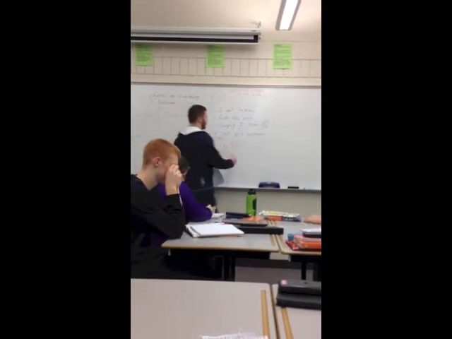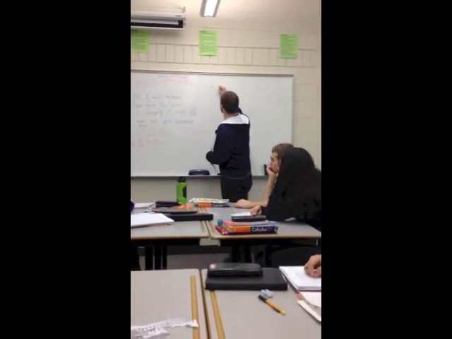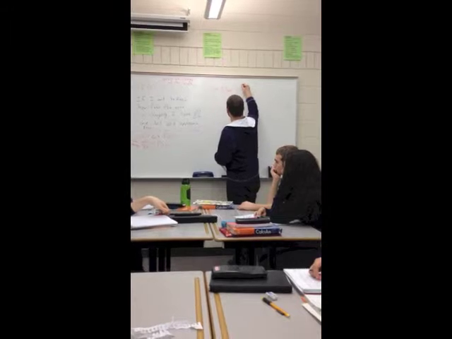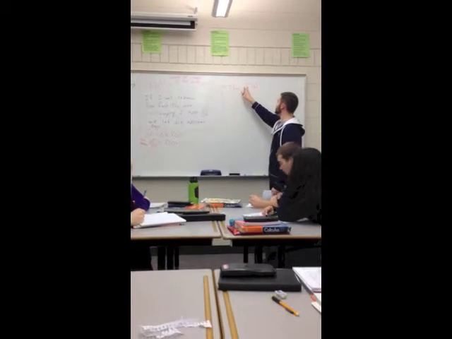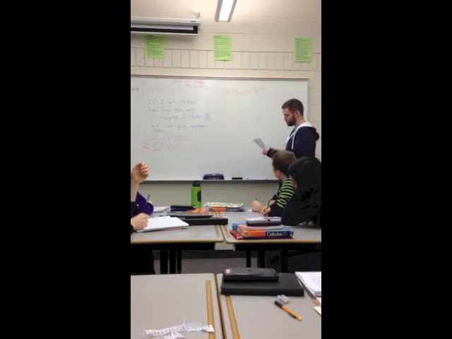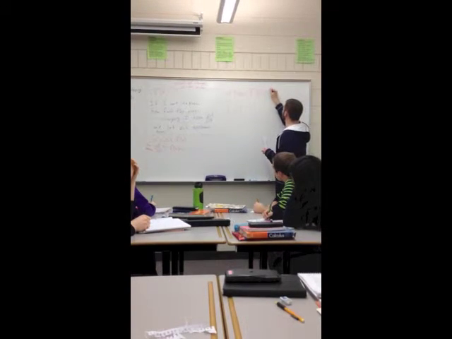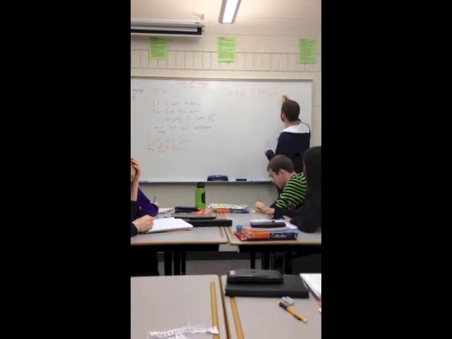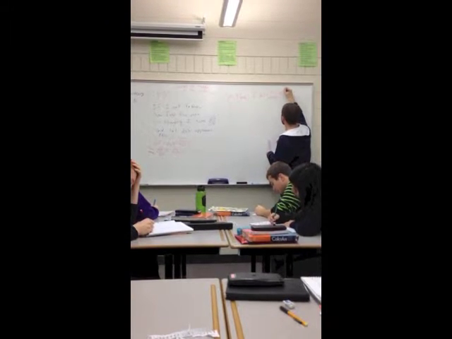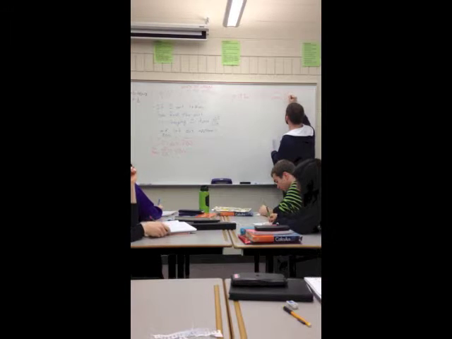Because of this, we can say F prime of x, big F prime, the change in the area, equals the limit as delta x approaches 0 of change in f divided by change in x.